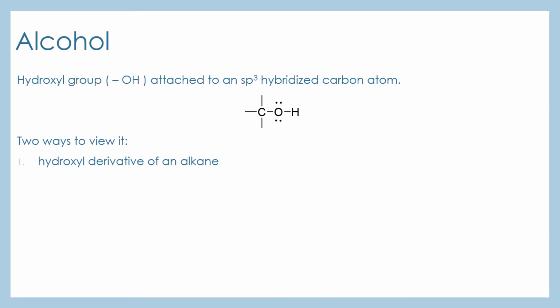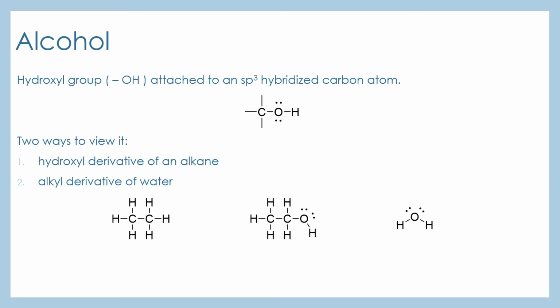There are 2 ways to look at alcohols. You can consider them hydroxyl derivatives of an alkane, or you can look at them as an alkyl derivative of water. So what I mean by that is, if we look at ethane, which is a 2-carbon alkane, and we take this hydrogen and replace it with an OH group, we have now taken ethane and turned it into ethanol.